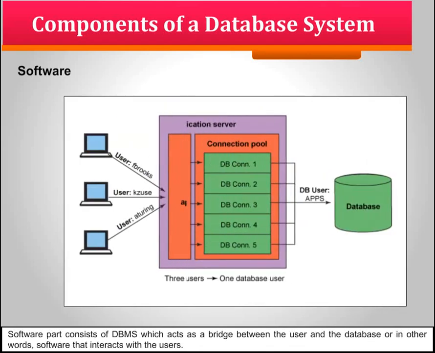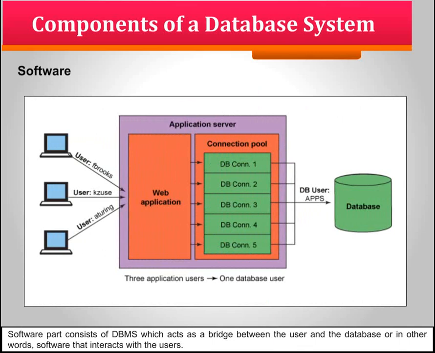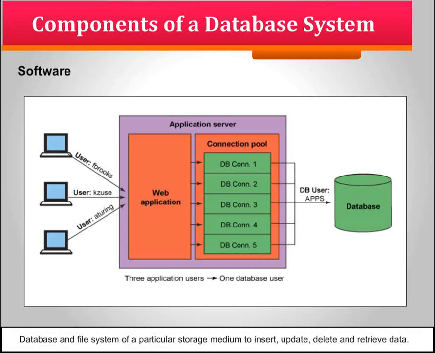Software part consists of DBMS, which acts as a bridge between the user and the database, or in other words, software that interacts with the user's database and file system of a particular storage medium to insert, update, delete, and retrieve data.